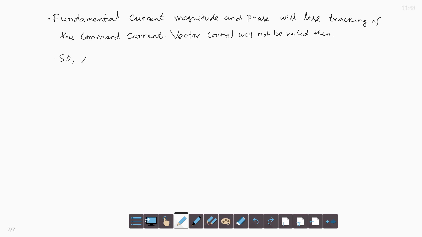So, synchronous current frame, synchronous current control. Synchronous current control means stator current in synchronous reference frame. In synchronous reference frame, the stator current is DC, direct current.